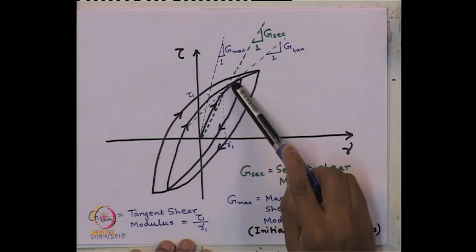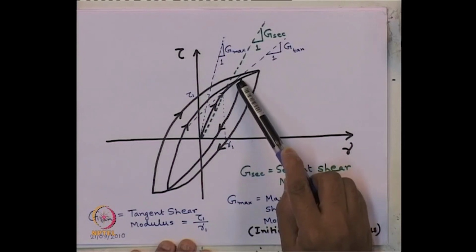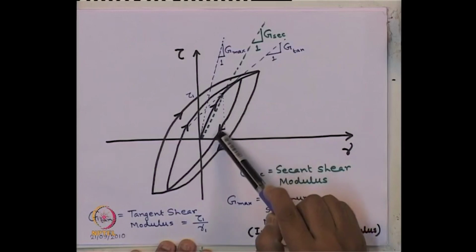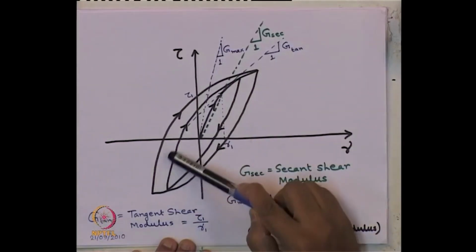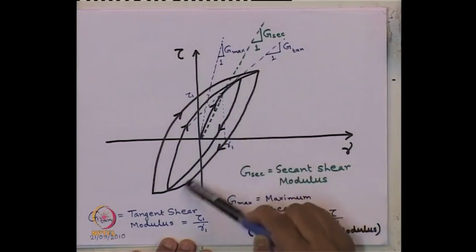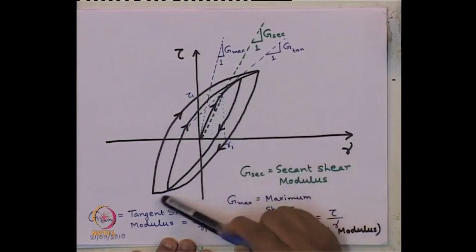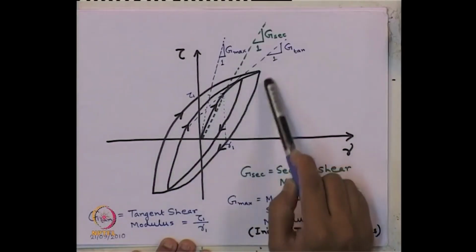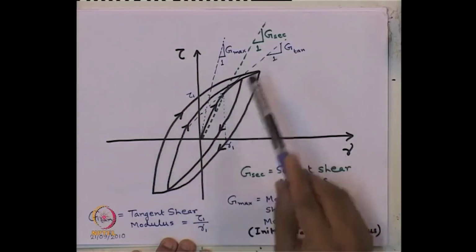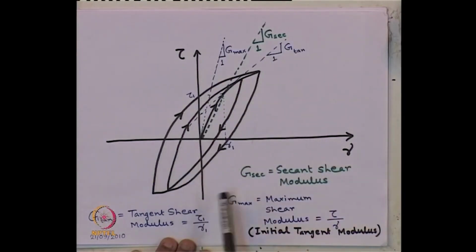It will go up in the loading curve. Then, if we release the load, because this is a cyclic load, this is the unloading curve and then again the reloading curve. Like that, these are the cycles. As per different cycles, we will get different envelopes of this tau versus gamma plot.